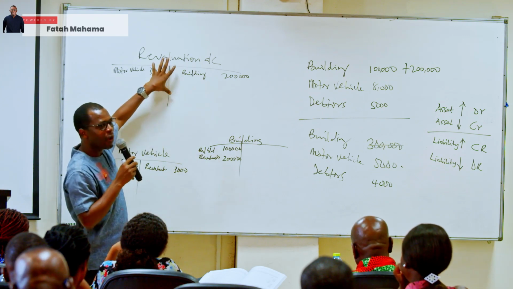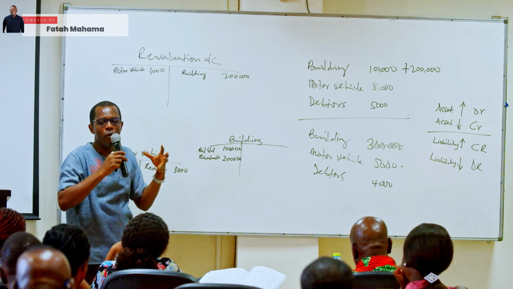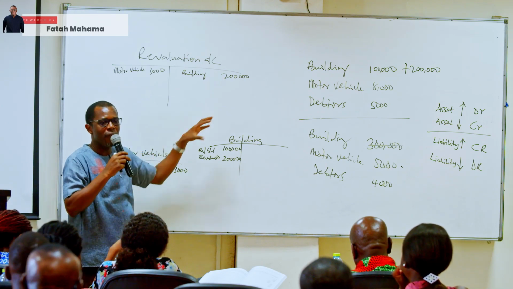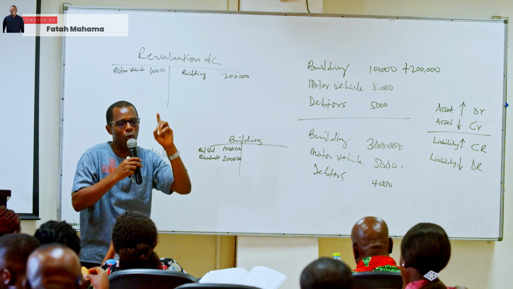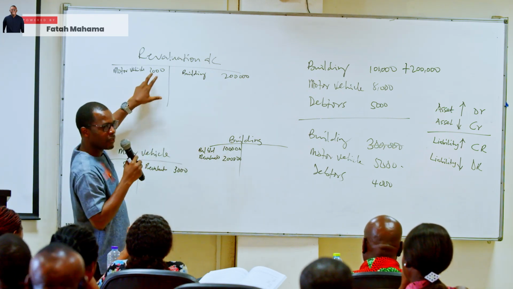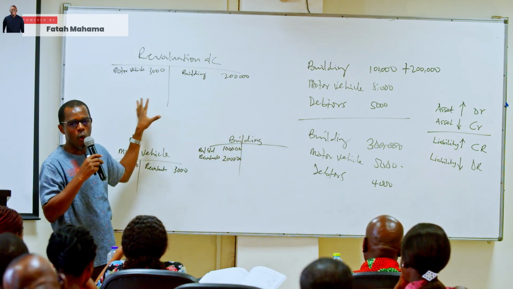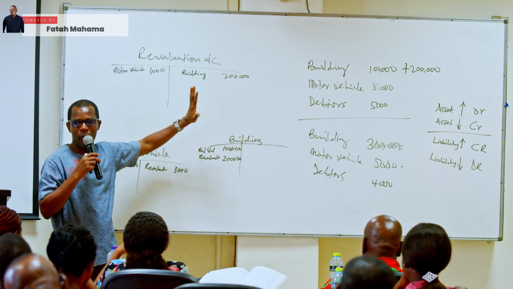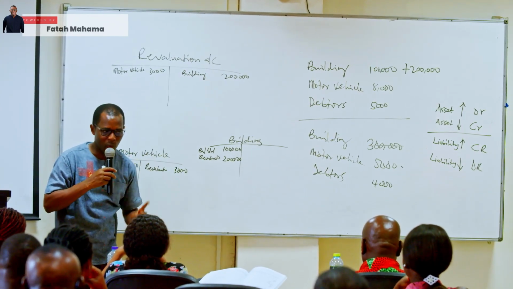That's why I said the revaluation account is used to aggregate all the gains and losses together so that we can find the net gain or loss and share that net gain or loss. We don't want to be sharing this, then share this, share the next one. It's too cumbersome. Let's put all together in one account, establish the net gain or loss and share that net gain or loss.